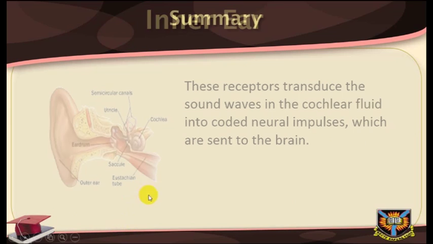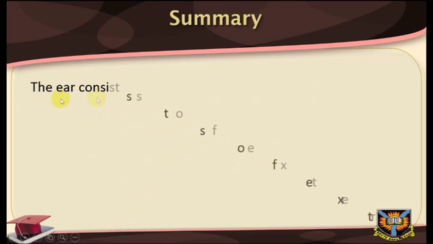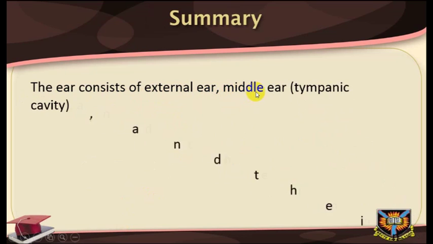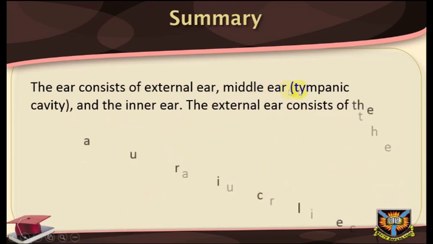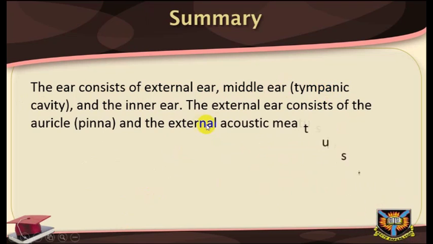Summary. The ear consists of external ear, middle ear, tympanic cavity, and the inner ear. The external ear consists of the auricle, that is pinna, and the external acoustic meatus.